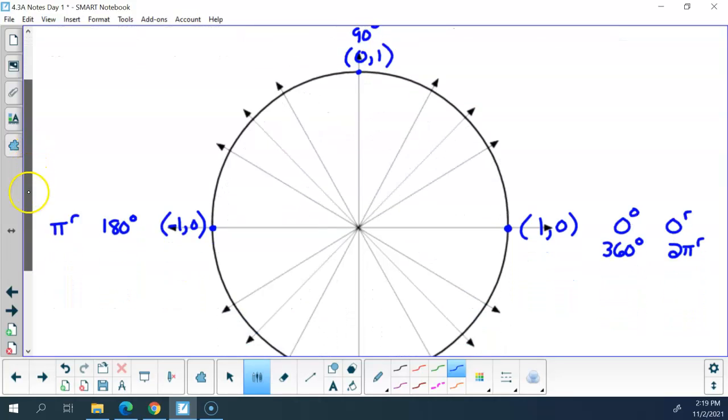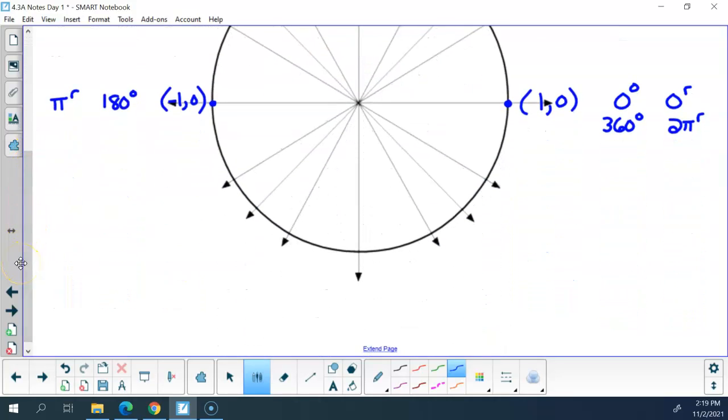Okay. Let's take our bottom half and let's cut it in half. 270 for my degrees. Radians. Halfway between 1 and 2.